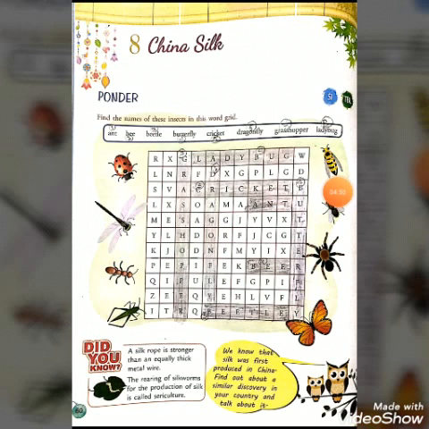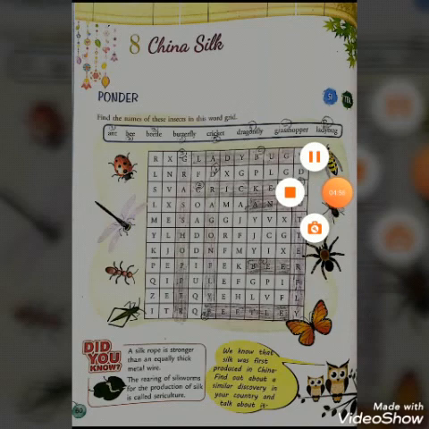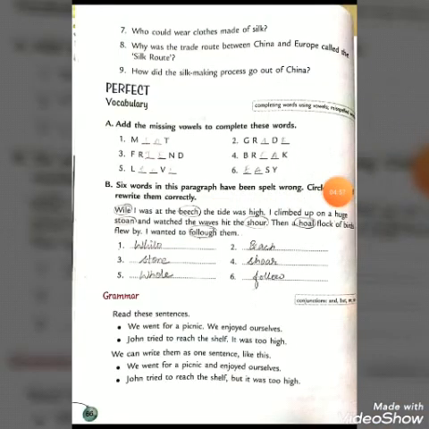In the previous video, we also discussed the vocabulary portion given on page number 66. We discussed some answers to the questions in the previous video. Today we are going to discuss the rest of the vocabulary.